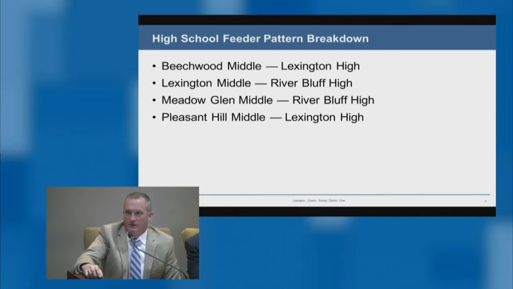They identify with that high school and spend a fair amount of time in activities related to the school. So we feel it's very helpful for them to start forming those bonds early as a middle schooler in the 6th and 7th grade, and then on up into the 8th grade as they can continue to participate in some of those sports. So true feeder pattern in this third reading.